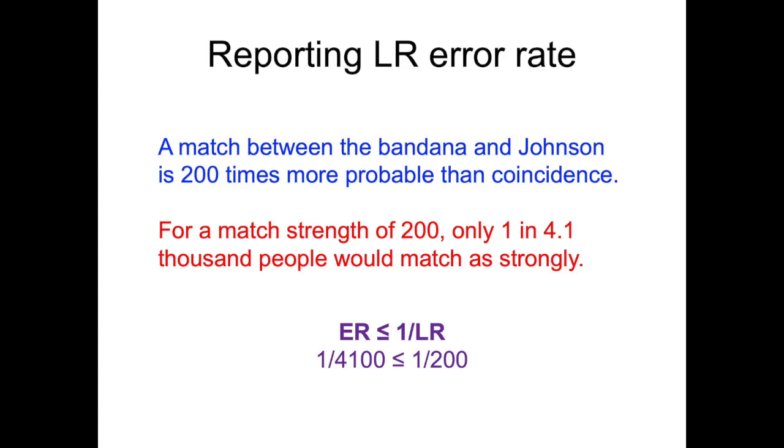I'm not going into it, but there's a concept that whatever the likelihood ratio is, the error rate is bounded by 1 over that number. If the likelihood ratio is 1,000,000, the error rate, from a Bayesian system with probability, can't be more than 1 in 1,000,000. It could be 1 in 1,000,000,000, but it's not going to be 1 in 100. And in this case, we see that the likelihood ratio is a bound of 1 in 200, and the error rate of 1 in 4,100 is less than that.